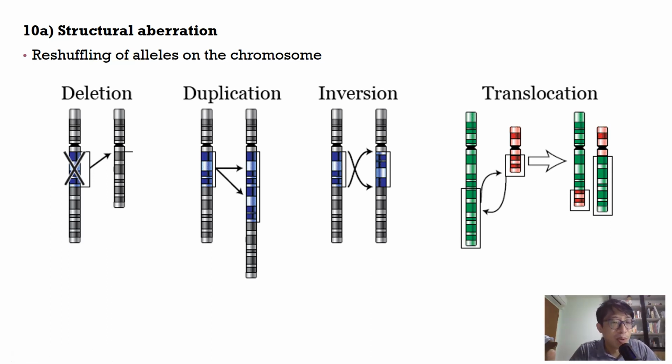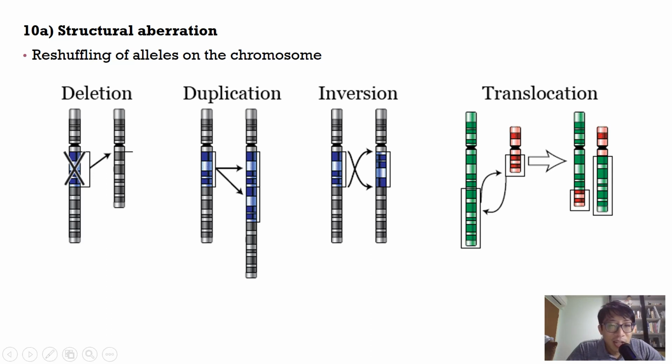If it is a whole chromosome, it is aneuploidy, a change in the number of chromosomes. So in deletion, one portion of the chromosome is removed, and whatever genes are found in this region would also be removed.